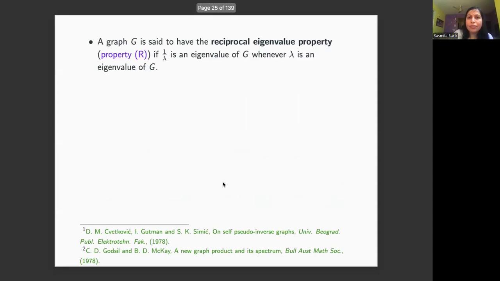So what we observed is that it may happen that if lambda is an eigenvalue, then 1 by lambda is an eigenvalue for each lambda, but they may have the same multiplicity for each lambda, or the multiplicity may vary. So we define in two ways. A graph is said to have the reciprocal eigenvalue property, or property R, if lambda being an eigenvalue implies 1 by lambda is also an eigenvalue.